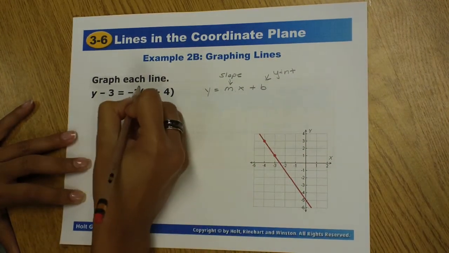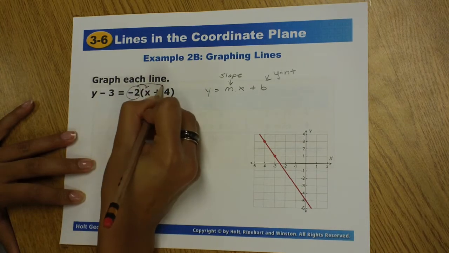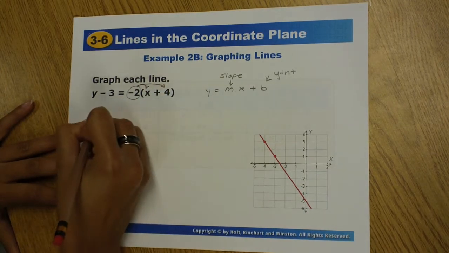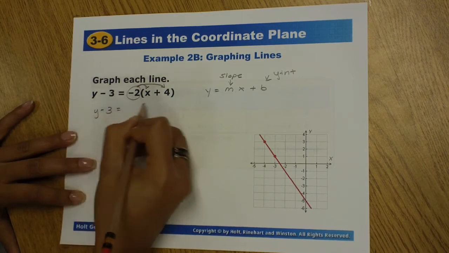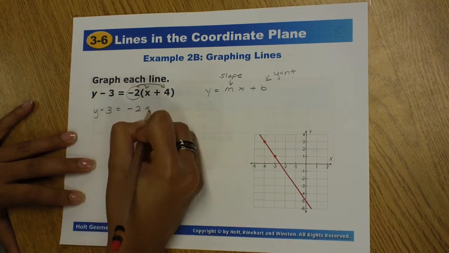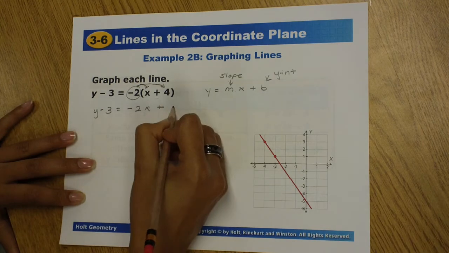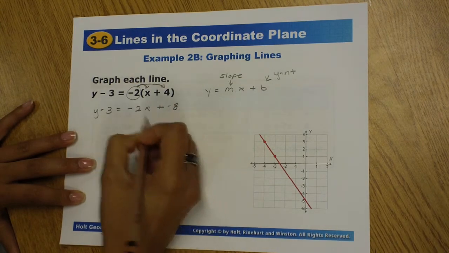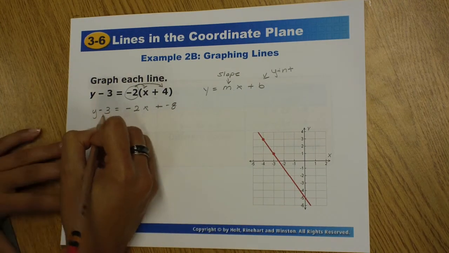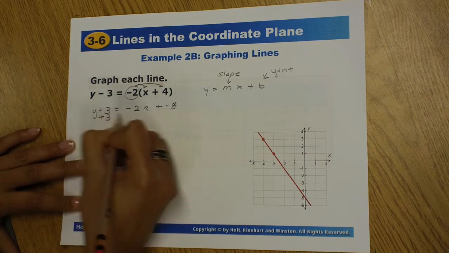I'm going to have to get it there. Start by distributing the negative 2. Y minus 3 equals negative 2x plus a negative 8. Still need to solve for the y, so I'm going to add 3 to both sides.